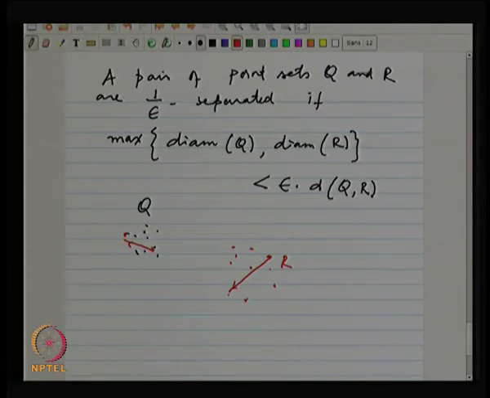Now, I am trying to relate the maximum of the two diameters to the distance between the 2 point sets, which is a pair of points, one belonging to Q, one belonging to R. So, maybe these 2 points define the distance between Q and R.